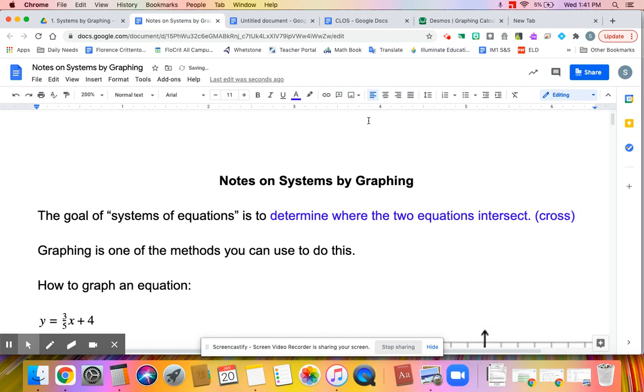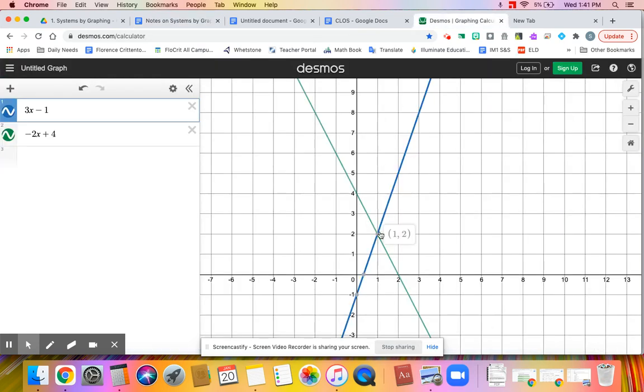So in this example, the point 1, 2 is where the blue and the green line cross each other. This is their point of intersection. If they gave me these two equations and said, solve the system of equations, the answer would be the point 1, 2, because that's where they cross. That's our whole goal, to figure out where they cross.